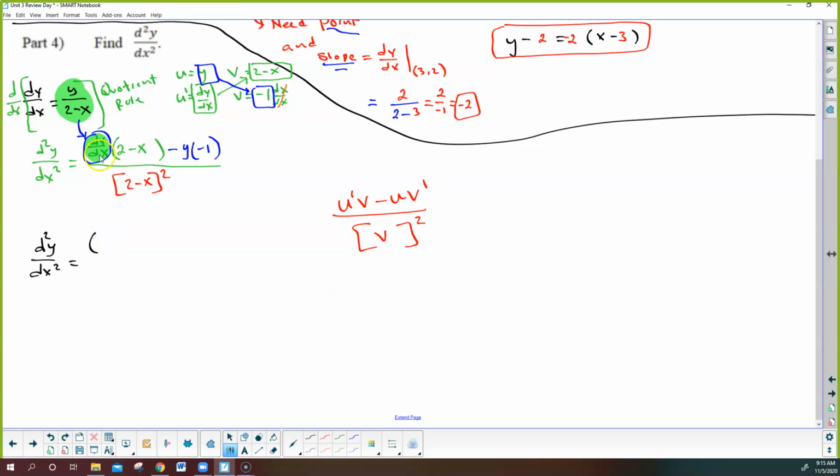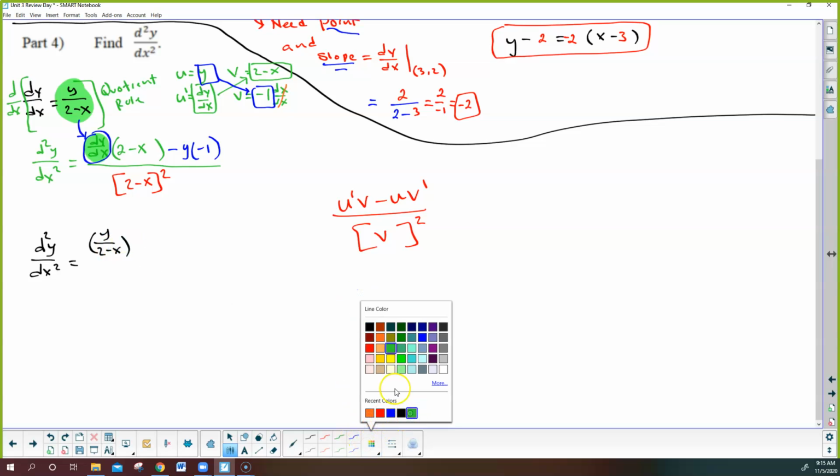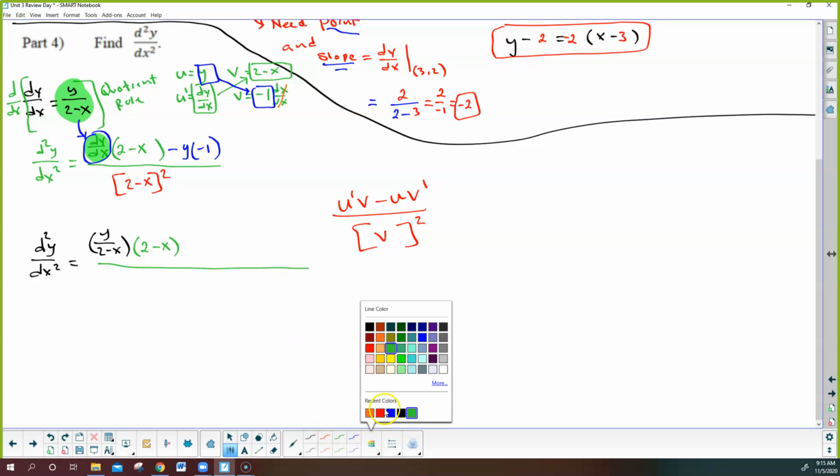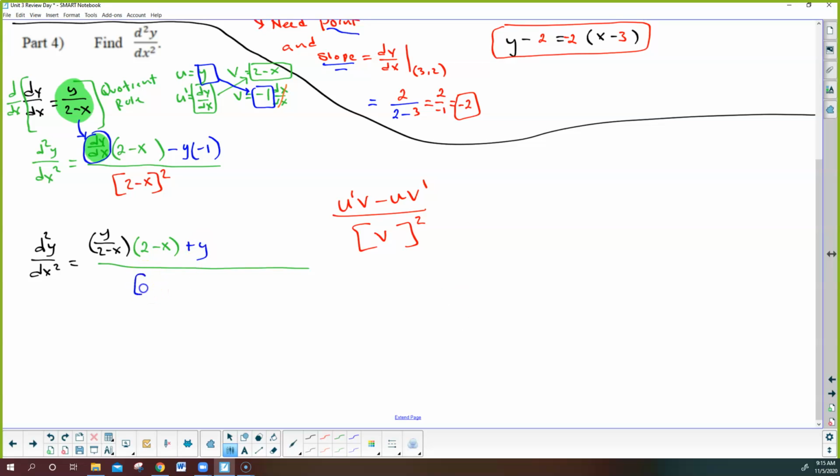I'm going to replace dy/dx with y over 2 minus x. And then this last part, negative y times 1 is a positive y. And then the bottom part, I would just leave as is.